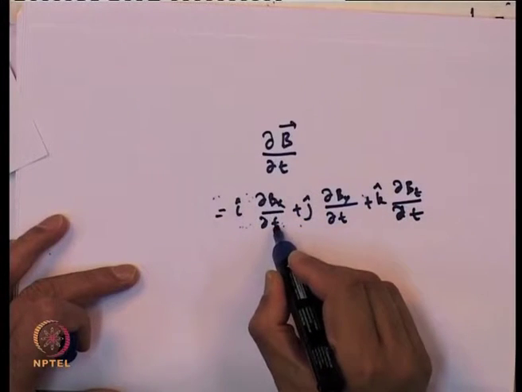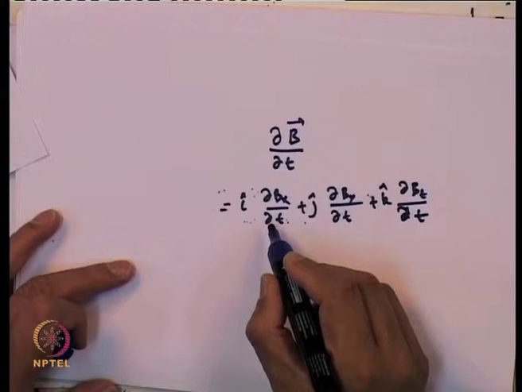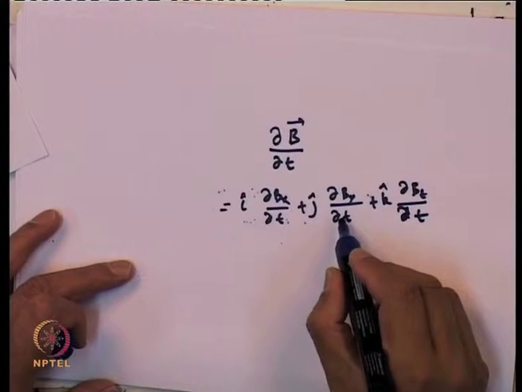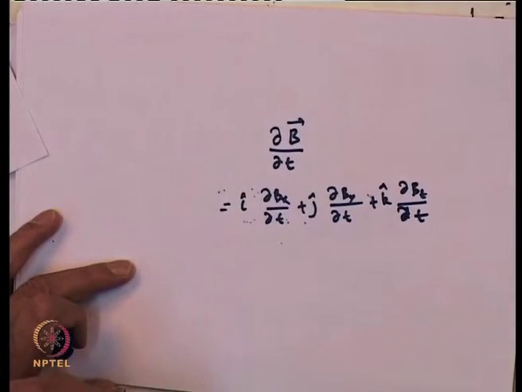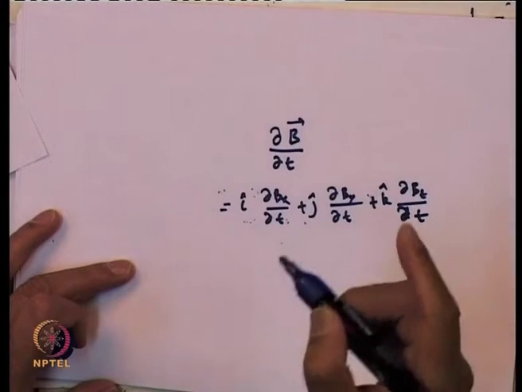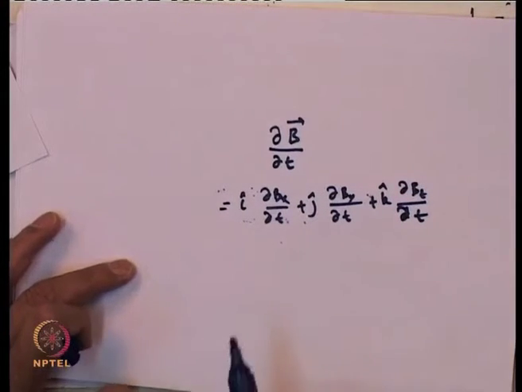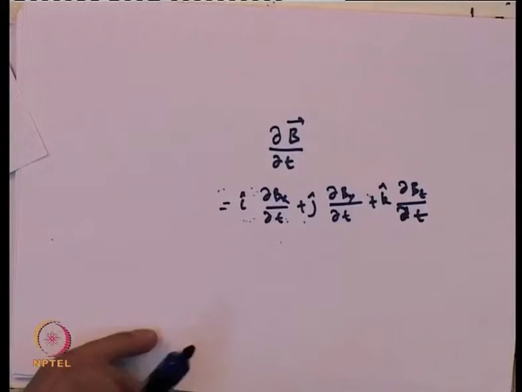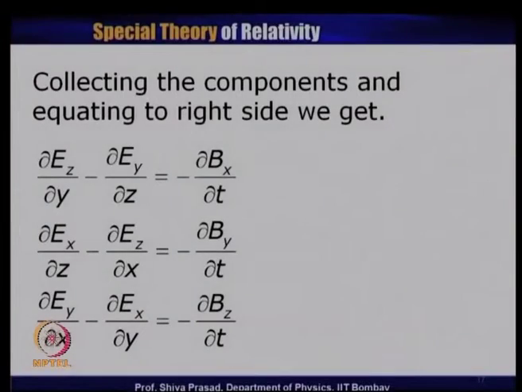Then this x component can be equated to the x component of the curl that we have obtained, the y component can be equated to the y component of the curl, and the z component to the z component. So I will get 3 equations, which I am writing in the next transparency. We have collected all the components and equated them to the right hand side. So I get these 3 equations.